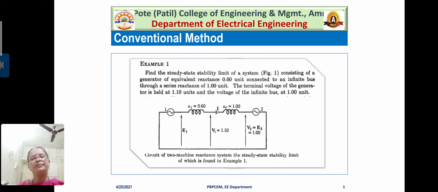As we know, P max is equal to EV by X. One of the methods is increasing the excitation voltage E. But it is very important to understand to what extent this excitation voltage should be increased, and what the effect on the power angle curves is of increasing this excitation voltage.